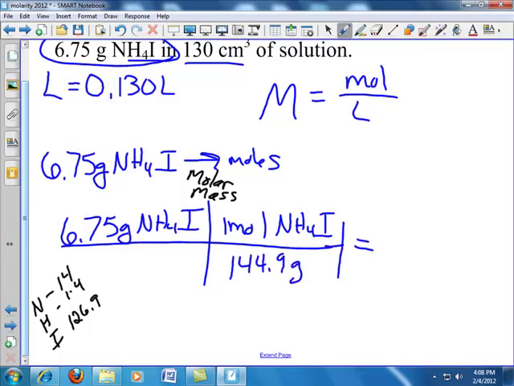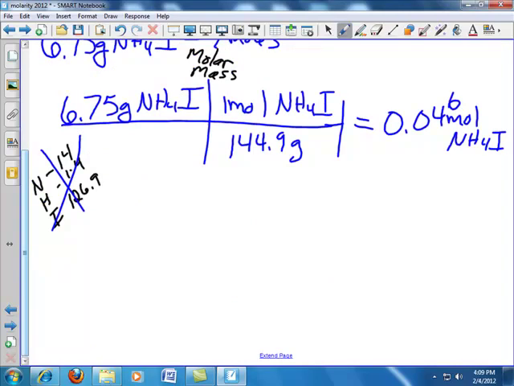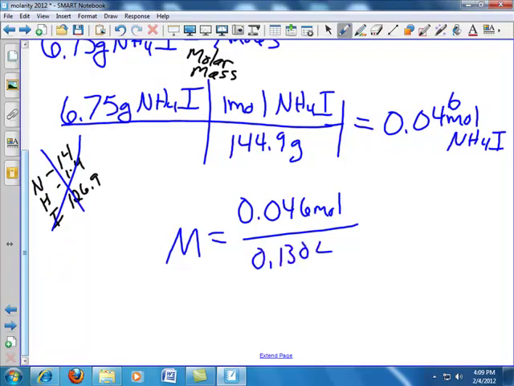grams. Never once did I write this on my paper, because I don't need to anymore. And I do this math, and when I do this math, I get 0.04 moles of NH4I. Actually, it's 0.046. And now I want to calculate my molarity. So my molarity is 0.046 moles divided by my volume, which was 0.130 liters.